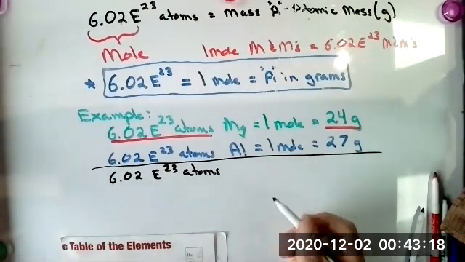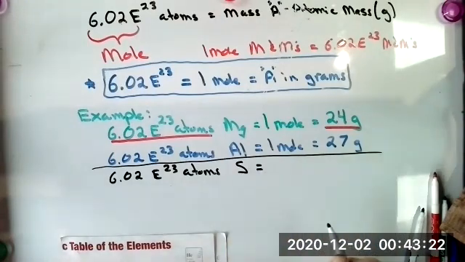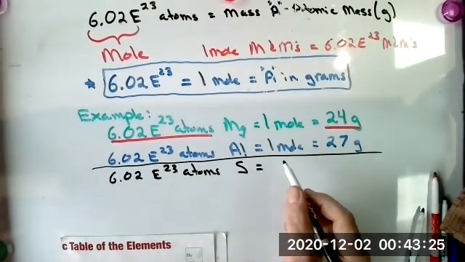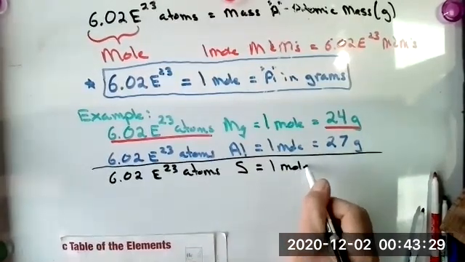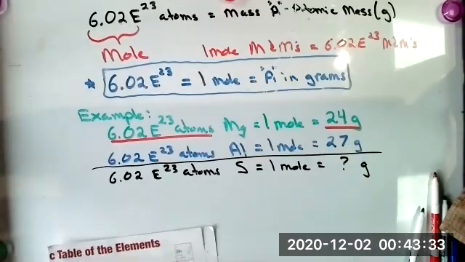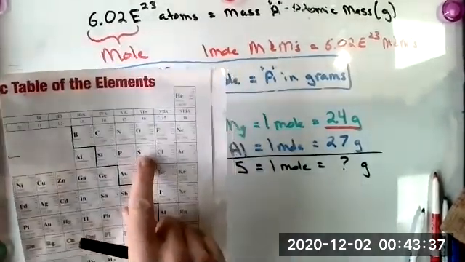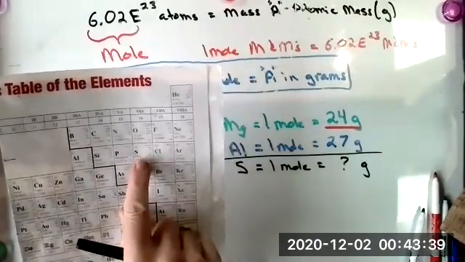Let's pick sulfur. I do have a mole. Now what I want you to do is tell me how many grams I have. And I'll give you a little hint. Sulfur's sitting over here. Hurry, hurry.